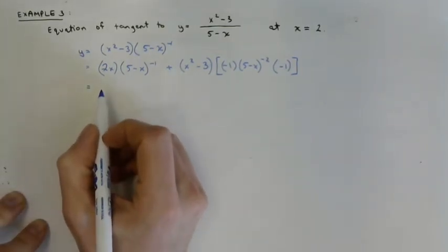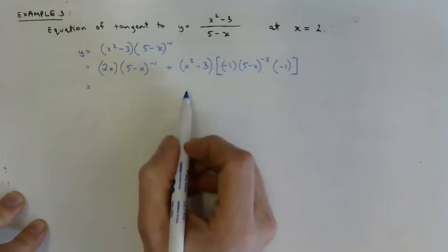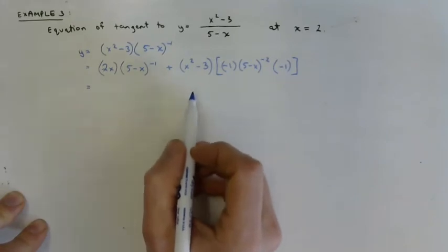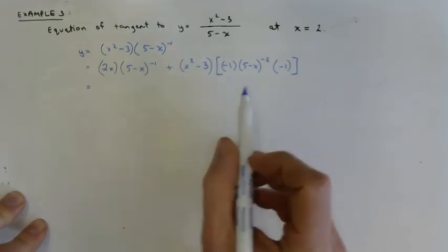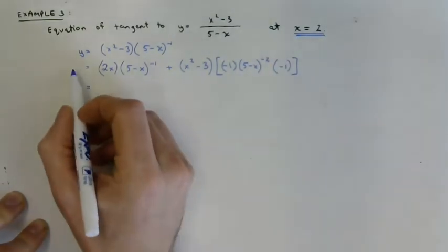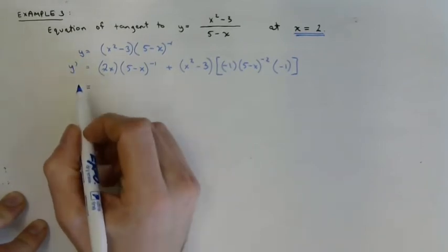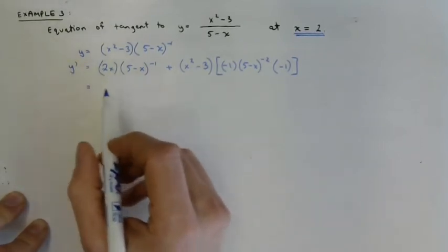Now I could be looking for a common factor, but this example even just says, hey, leave it like this, because now all you're going to do is sub in the value of 2 in order to find, so sorry, this is now y prime, or dy by dx.